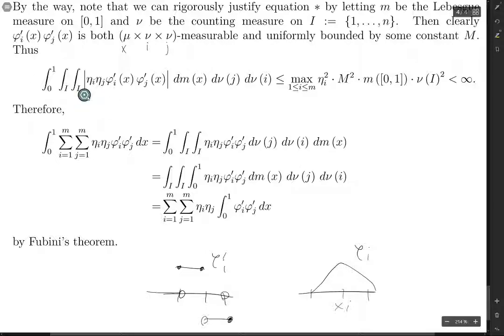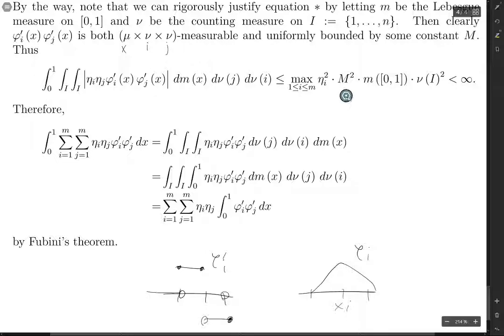But anyway, we take the integral of these things, and this is going to be less than or equal to the maximum of these things times the measures of these three spaces. And these three spaces happen to have finite measures. The interval from 0 to 1 has Lebesgue measure 1, and then we've got the counting measure of I multiplied by itself, so you get nu I squared.